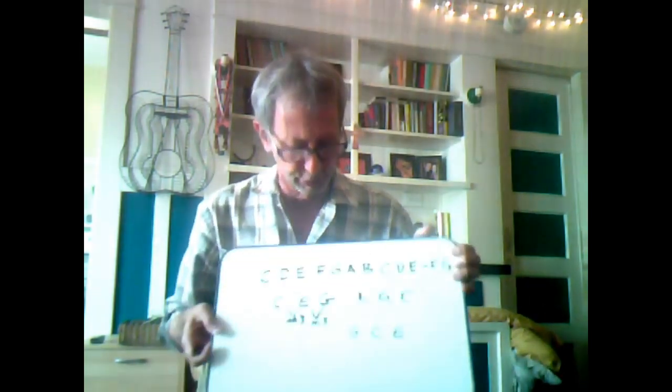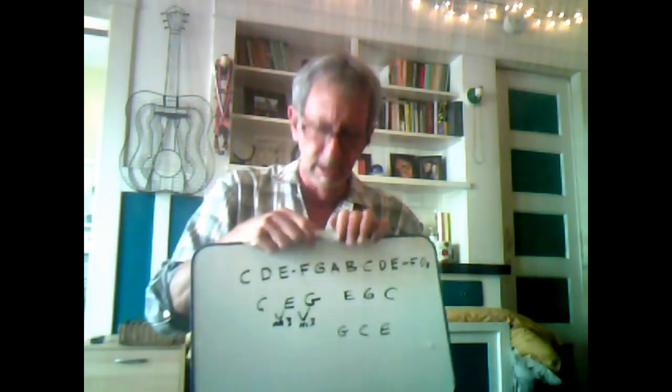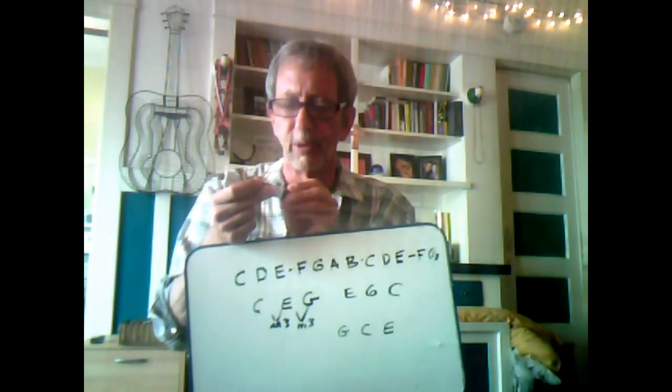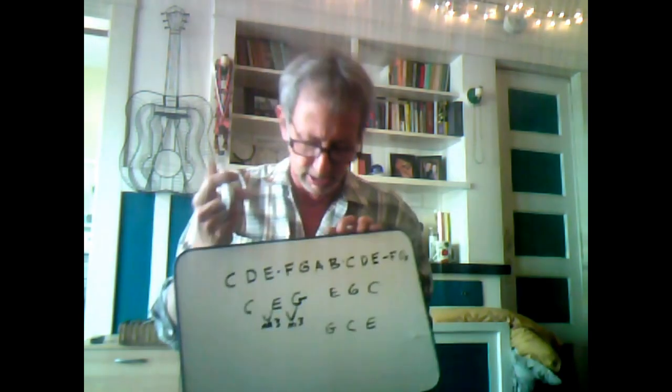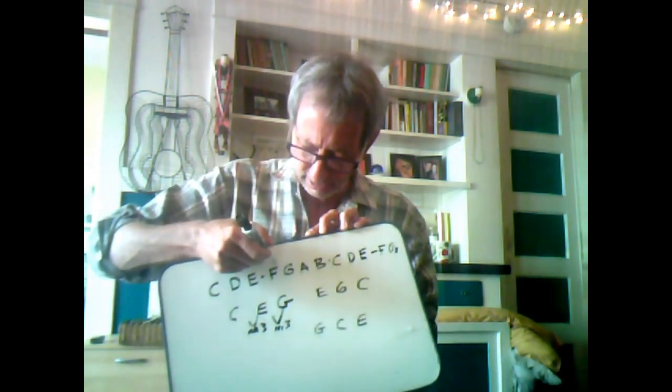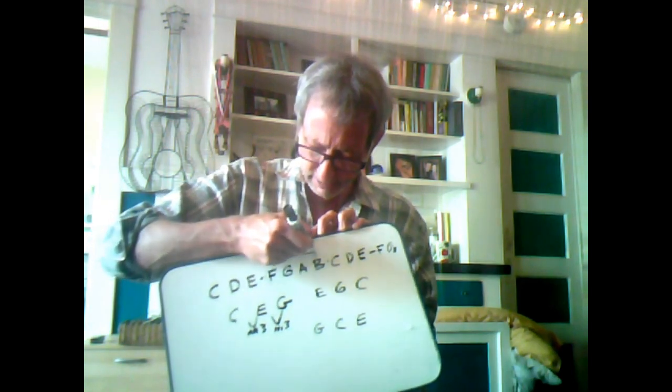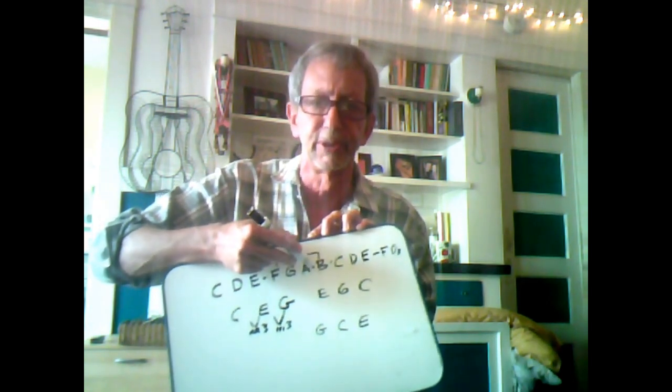All right, now I want to get to that odd interval called the tritone. It stands on its own. There is no other tritone. When you flip it, it's still a tritone, okay? Unlike the other intervals. The distance is always the same.